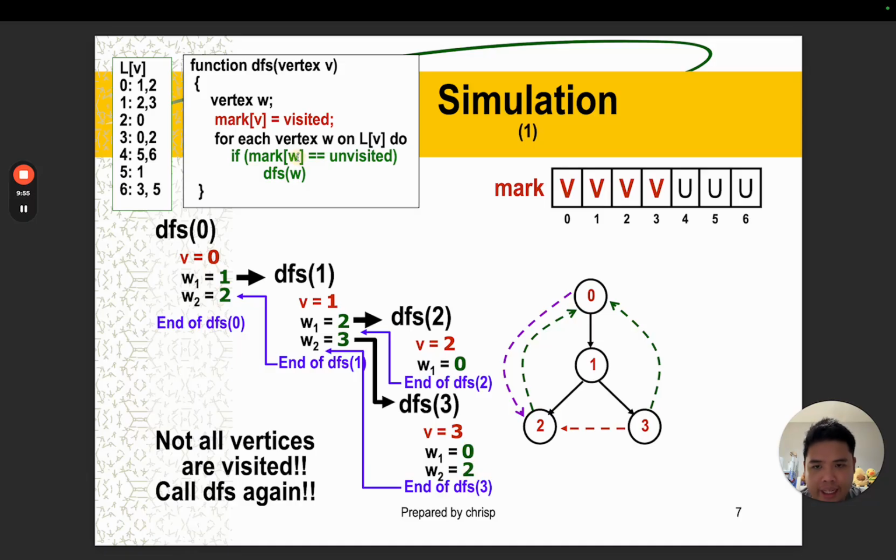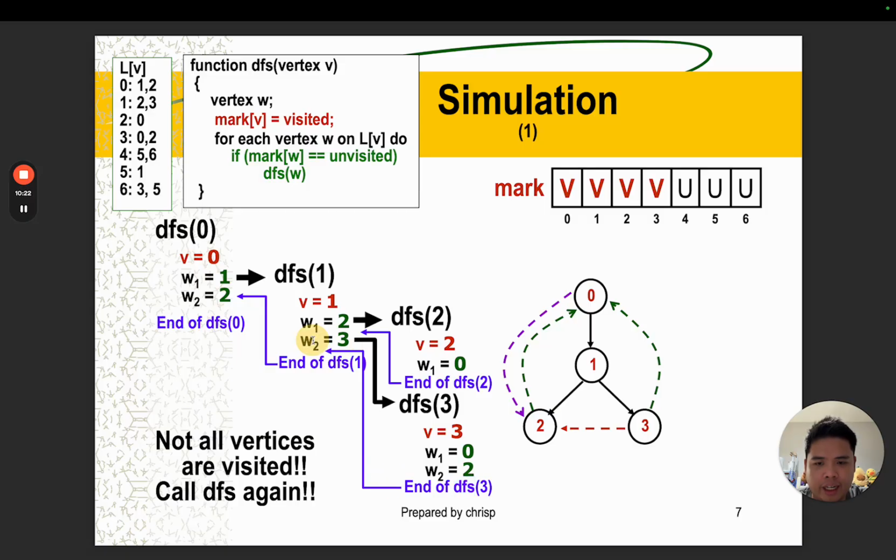Is mark at index 0 visited? Yes, it is. So I'm going to go to the next vertex. Is W2, or mark at index 2, visited? Yes, it is. So I've run out of vertices to visit, and my DFS 3 ends.